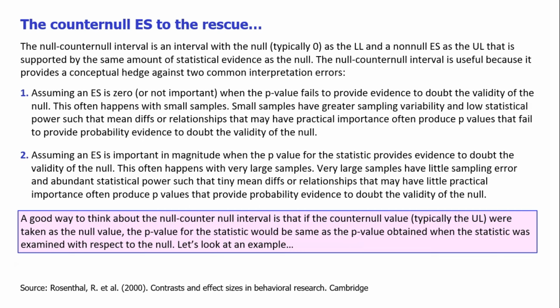What I'm going to do is provide you with an example that deals with that first interpretation error, number 1, that I read through up here. So let's take a look at an example because that'll help you to see how the counter null interval may help you reorient yourself in terms of what you have as potential for your result, with these 2 tests, the initial exam and the final exam, and our R of 0.57 and our confidence interval for the R of minus 0.18 to 0.89.